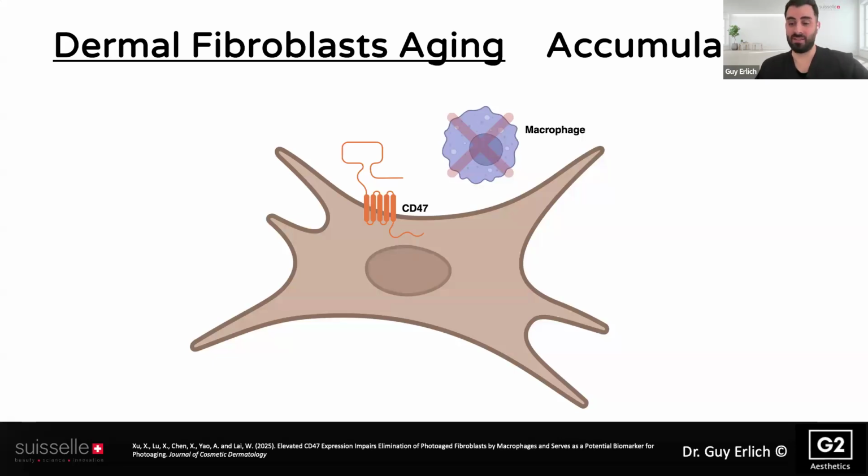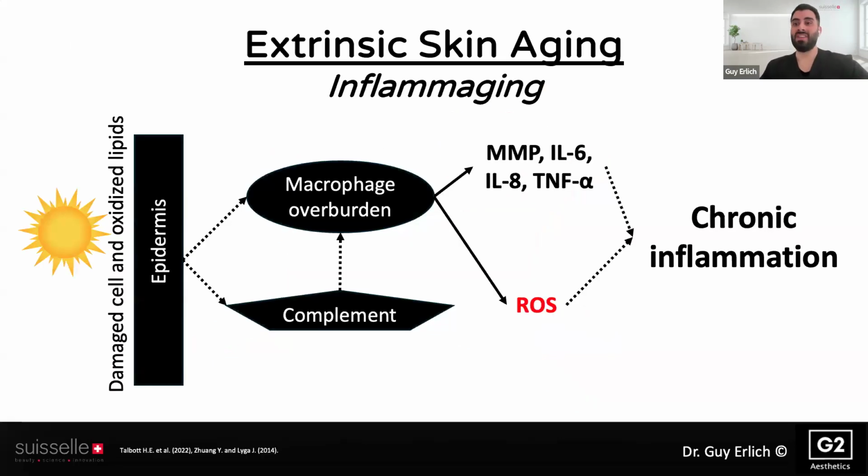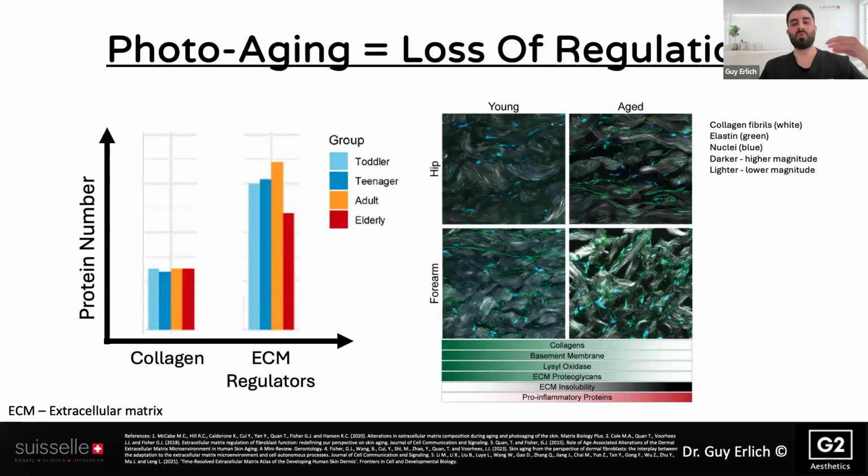this is why they're getting accumulated. In addition to that, we have extrinsic aging that overburdens macrophages and increases the amount of reactive oxygen species and inflammatory cytokines. So we have chronic inflammation together with senescence. As a result, of course, we have decreased regulation. The problem is not only the amount of collagen and elastin, but their position, their location, and their folding, because of the dramatically decreased amount of extracellular matrix regulator proteins.